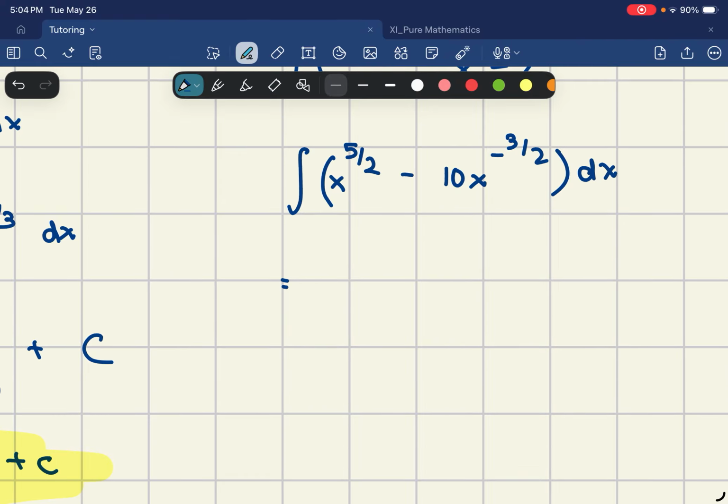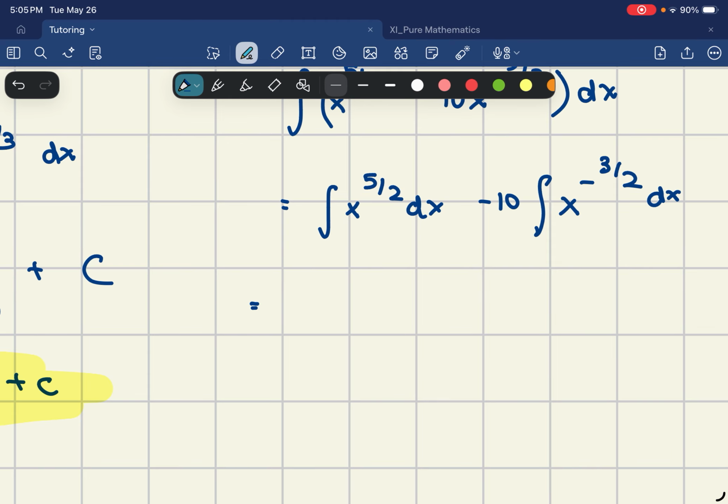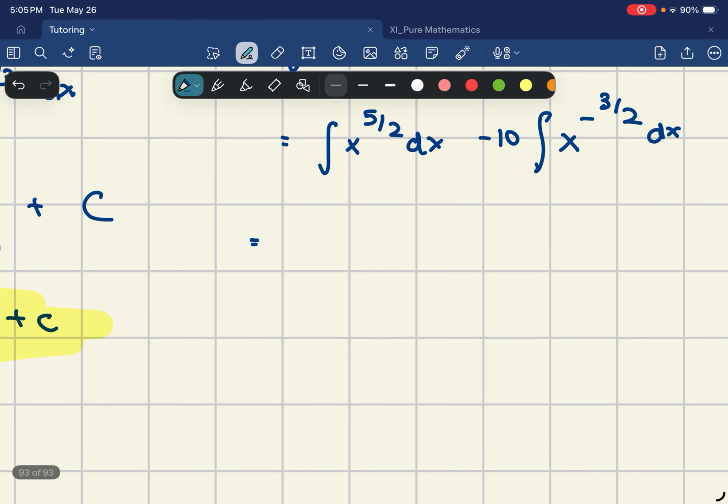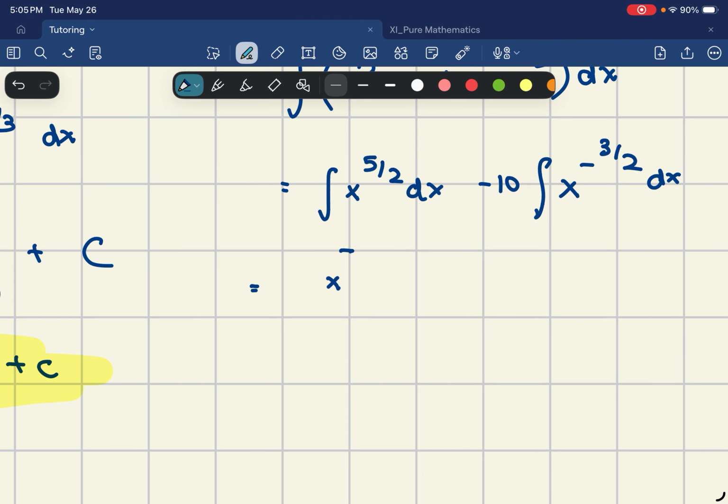And finally, if I can now integrate term-wise, this dx minus 10 x to the power minus 3 over 2 dx. Alright, so now this expression, if you integrate this, it's going to be x to the power 7 over 2 divided by 7 over 2. Add 1 to 5 over 2, you're going to get 7 over 2.